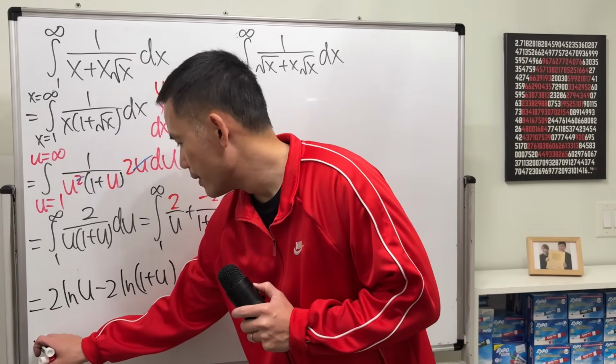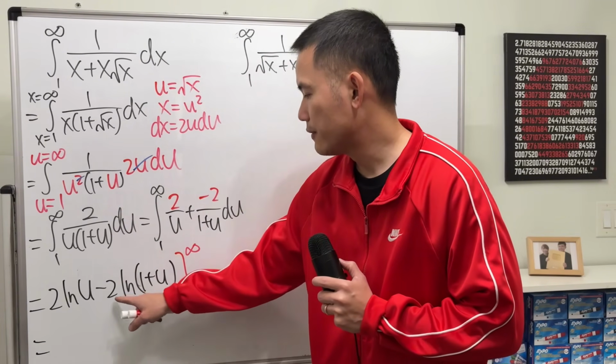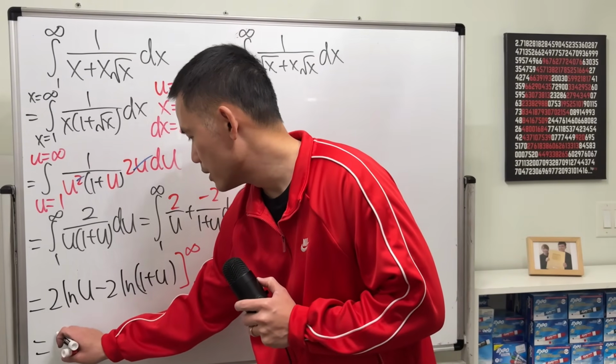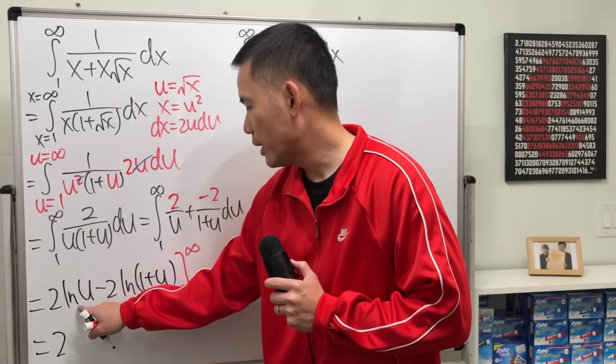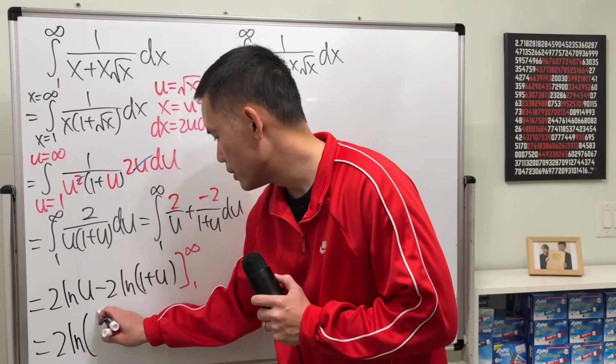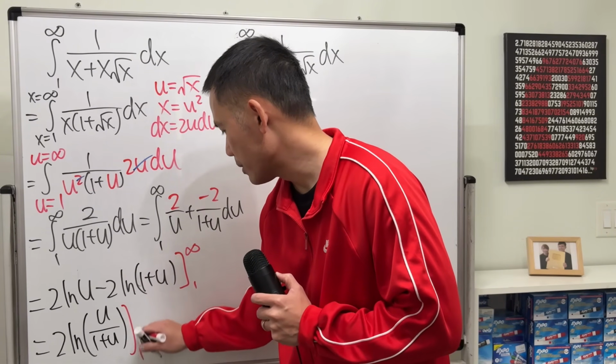Now, before we plug in the numbers, I'm going to just factor out the 2 and combine the natural logs together. So when we do this, 2 in the front, ln u minus ln of 1 plus u is ln of u over 1 plus u. And then we plug in 1 to infinity.